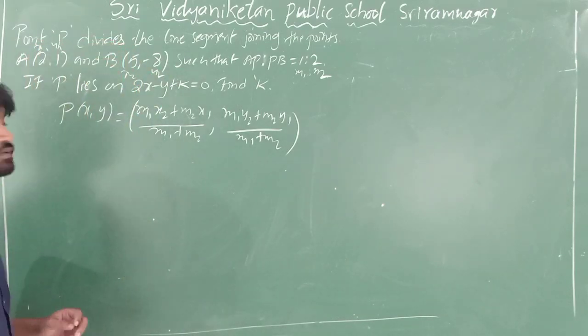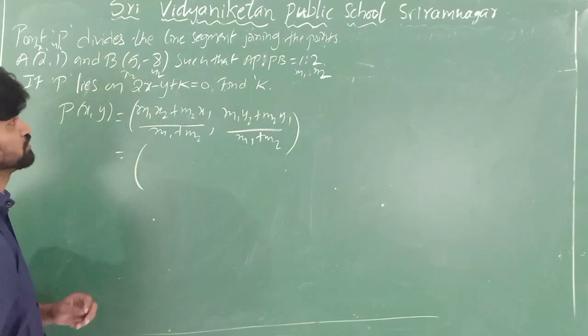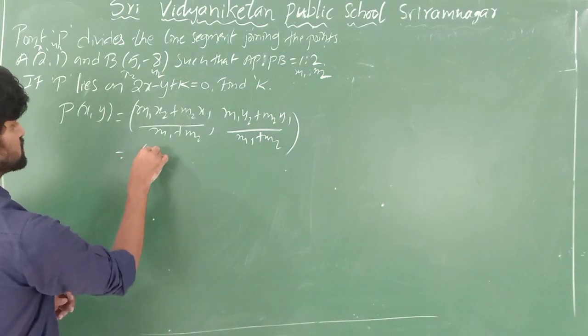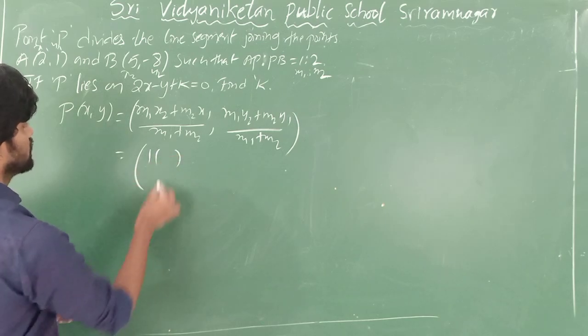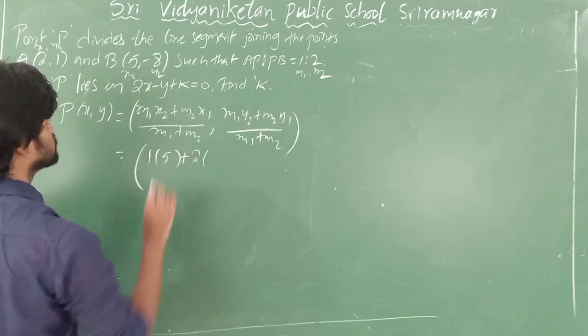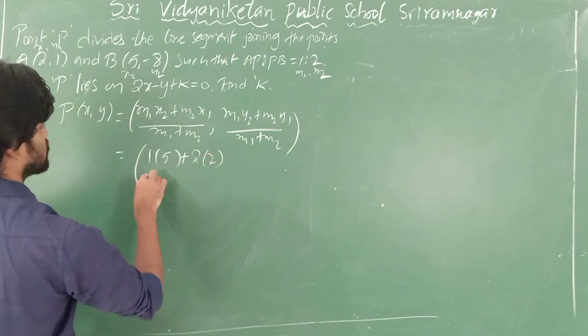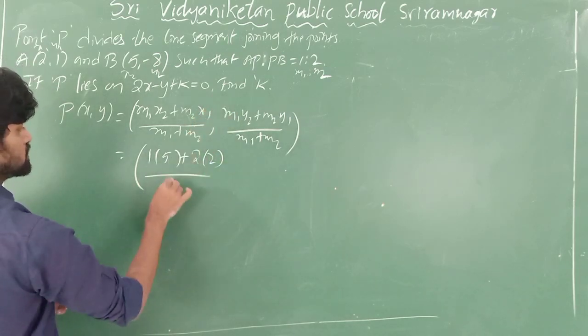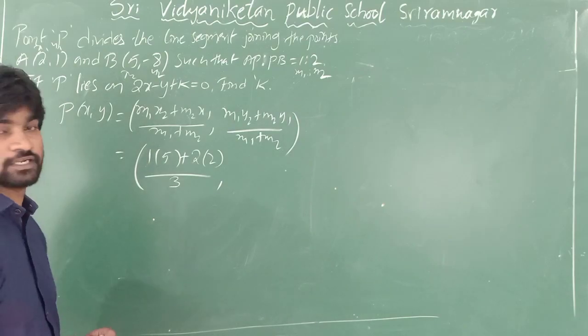Just substitute values. m1 is 1, x2 is 5, m2 is 2, x1 is 2, and m1 plus m2 is 1 plus 2, which is 3.